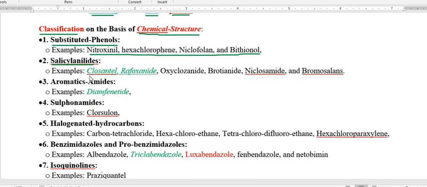Under this, the examples are closantel, rafoxanide, oxyclozanide, protianide, niclosamide, and bromsalans. Here, one very interesting point is that closantel and rafoxanide are also used for immature flukes, which are about 6 to 10 weeks of age.